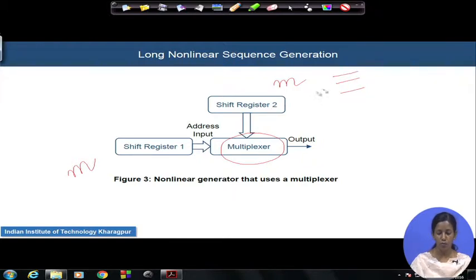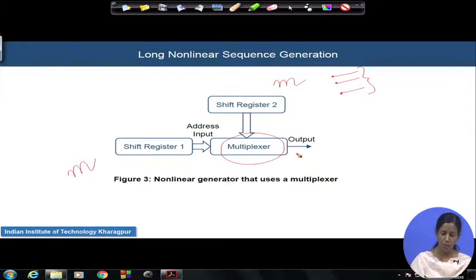Okay. So, you have tapped the output from certain stages of this shift register architecture, and whatever bits get generated for a typical clock pulse, you read them as an address. That address the multiplexer sends to the shift register 1 architecture, and according to that address, the bit is picked up from a shift register stage, which is directly connected to the multiplexer and comes out as the output.